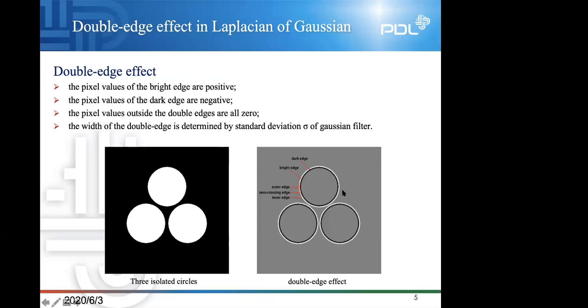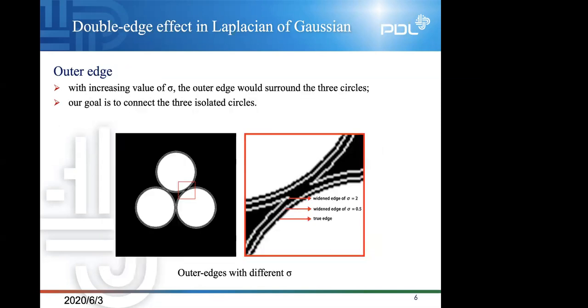The width of the double edge is determined by the standard deviation sigma of the Gaussian kernel. With the increasing value of sigma, the outer edge would surround the 3 circles and connect all the isolated components. Therefore, here the edge detection is not our focus, and our goal is to connect the 3 isolated circles.